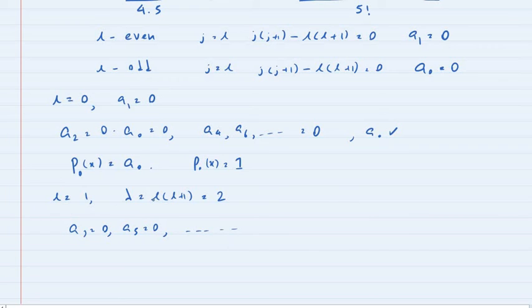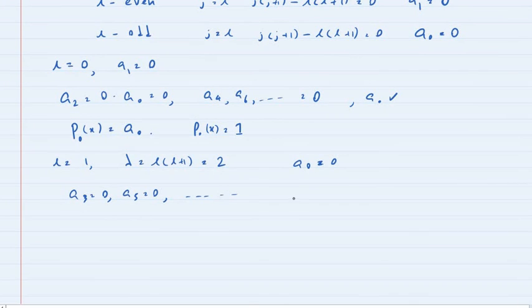And also when L is an odd value, I am setting A0 equal to 0 to make sure that the even numbered series is not diverging. Now the only non-zero component in the series is A1, and the series becomes P1(x), which is equal to A1 times x to the power 1. By selecting A1 as 1, P1(x) becomes just x.